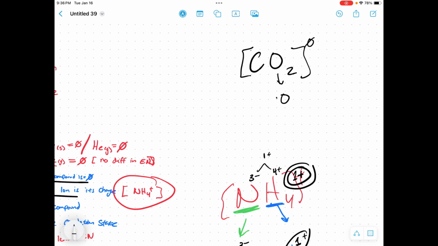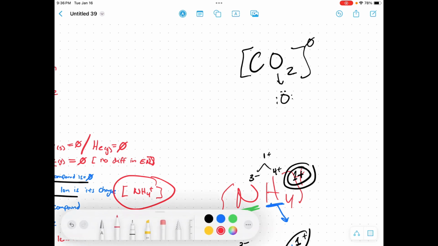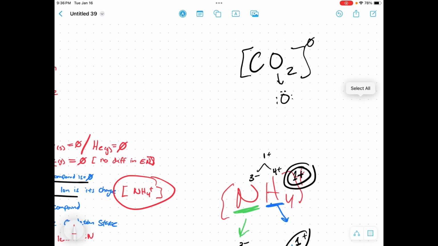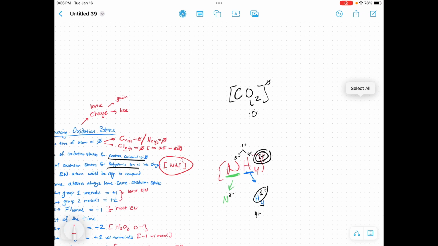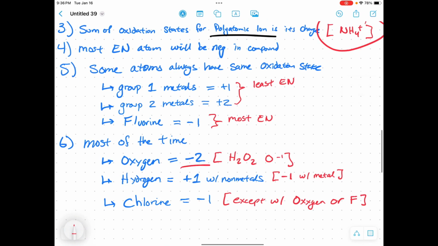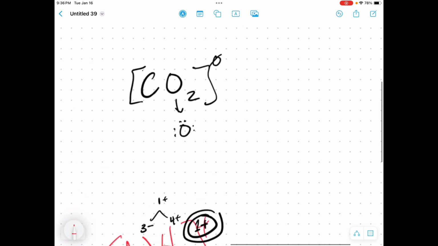Well, oxygen, I know, has 6 valence electrons. We talked about the rule for oxygen that because it's the most electronegative, that's going to be the negative one. Oxygen is usually negative 2. So if oxygen got 2 more electrons, then it'd be negative 2. Well, there are 2 in total. So my total contribution for oxygen is going to be negative 4.